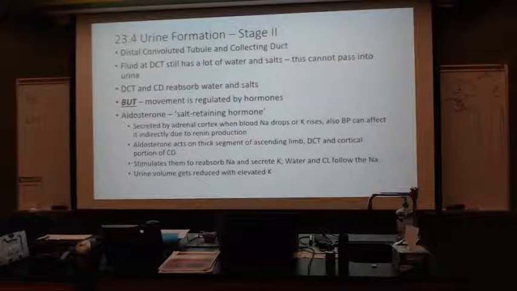I still don't want to go to the bathroom for 36 liters. Don't know about y'all, just me. But that's still a lot. So, wow, I've only got this little bit, the distal convoluted tubule and a collecting duct. Well, okay, we're going to be able to take care of that.